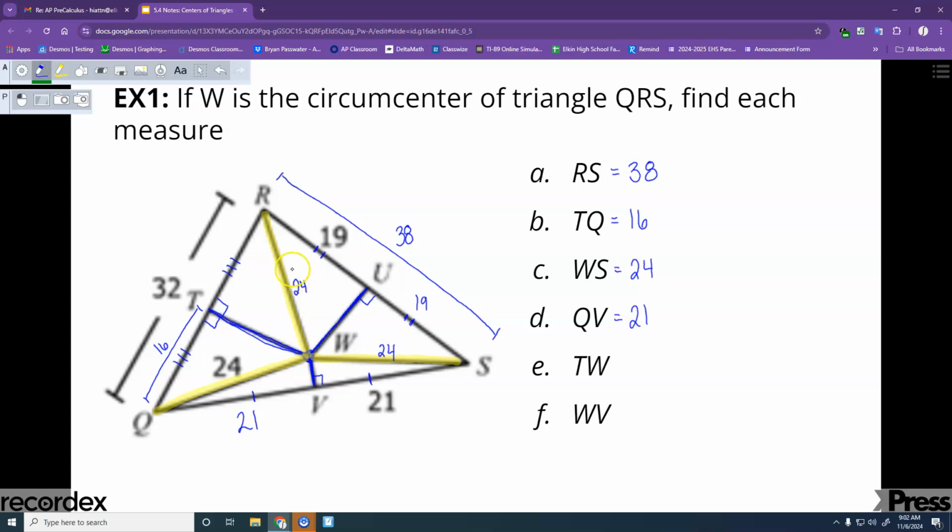So I would say they usually draw it to scale, and this is probably close to 19 here, but we can't rely on it. All right, so this is the hardest one yet because all the other ones have either just been equal to something else, or we might have had to double it or take half of it, right? Very, very simple math. This right here is going to require a little bit more math because this side right here is not given to you anywhere else. But look at what we've got right here.